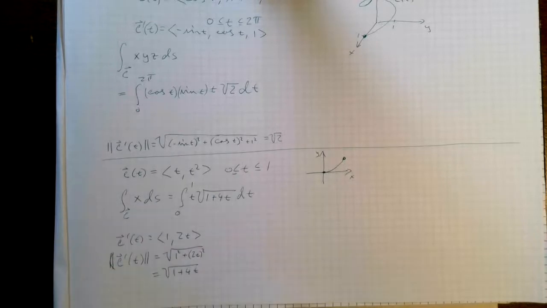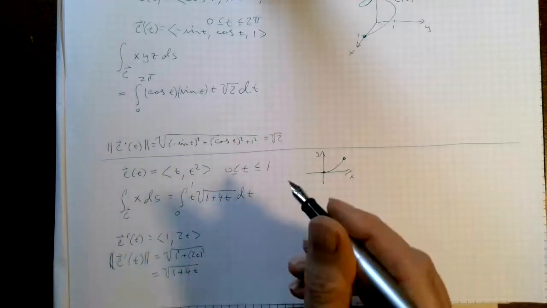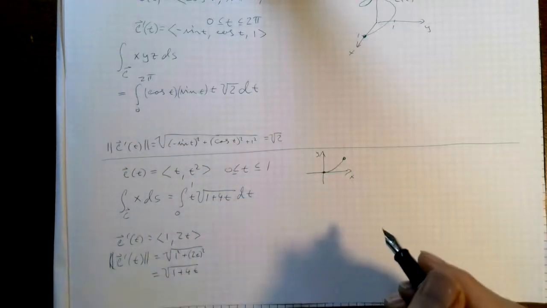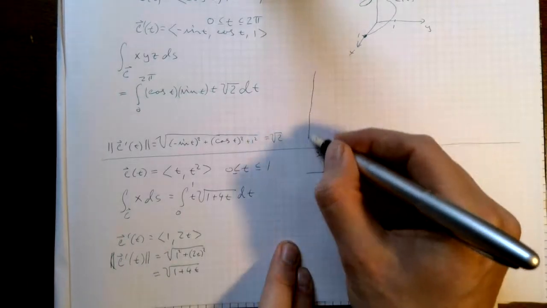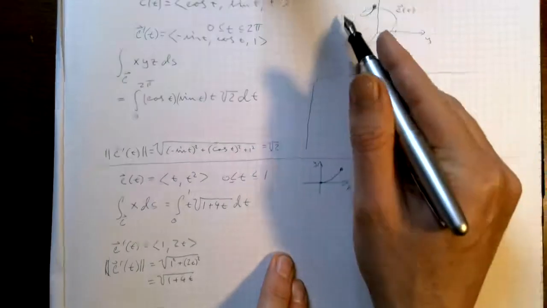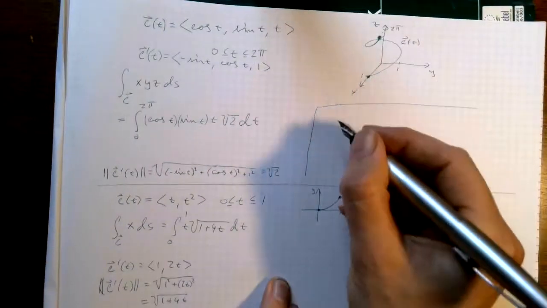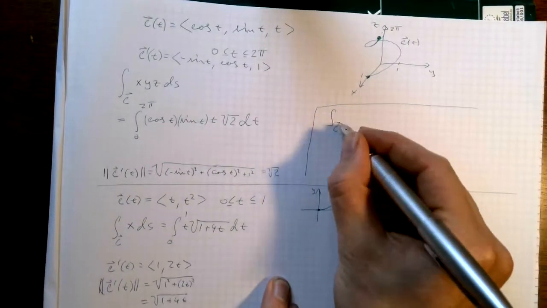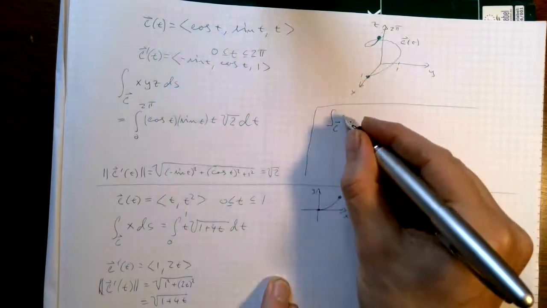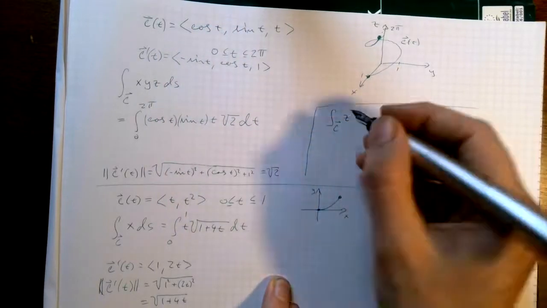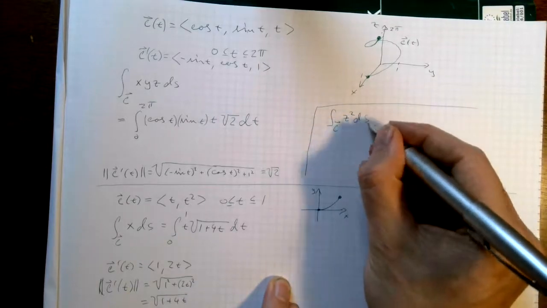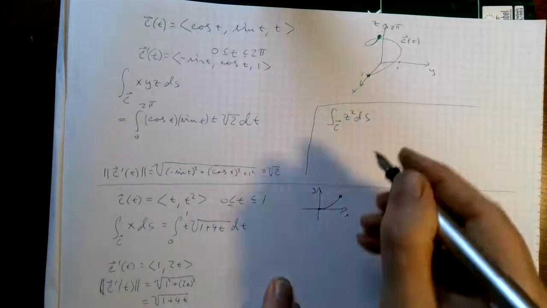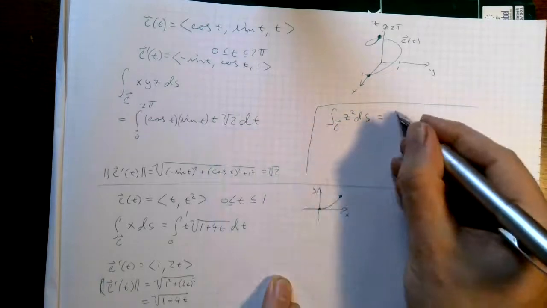Maybe over here, just so that I do integrate something today, let me come back to this example and do it over this spiral. Let's do something that I won't be too lazy to integrate. Let's do z squared ds, because we've seen how this goes.